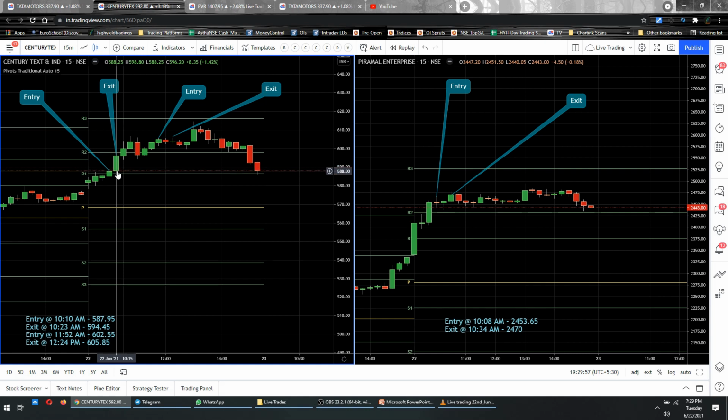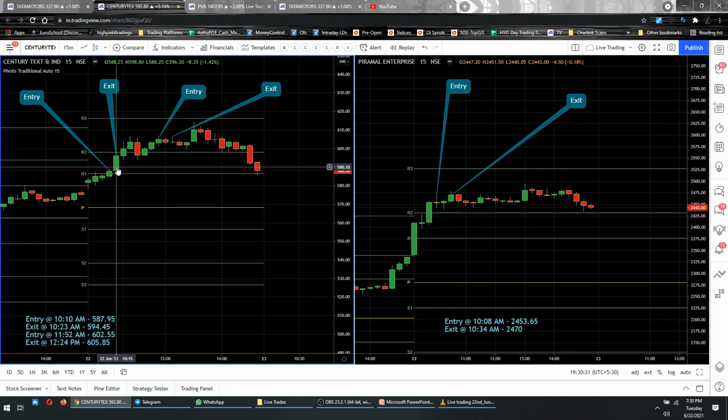Now, the low of the 10:15 candle is 588.25. But let's say, while you open the app, type in the script name and click on the buy order, it has already moved up to 590 or 591. Then also it is not going to hurt you, because it made a high of 598.80.